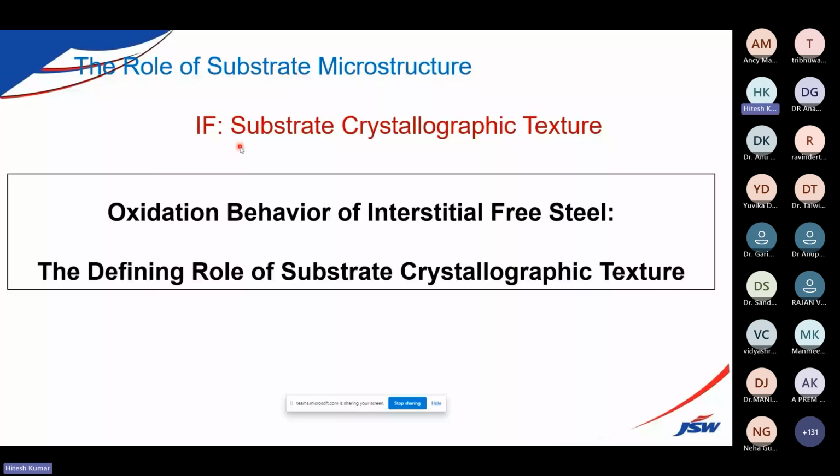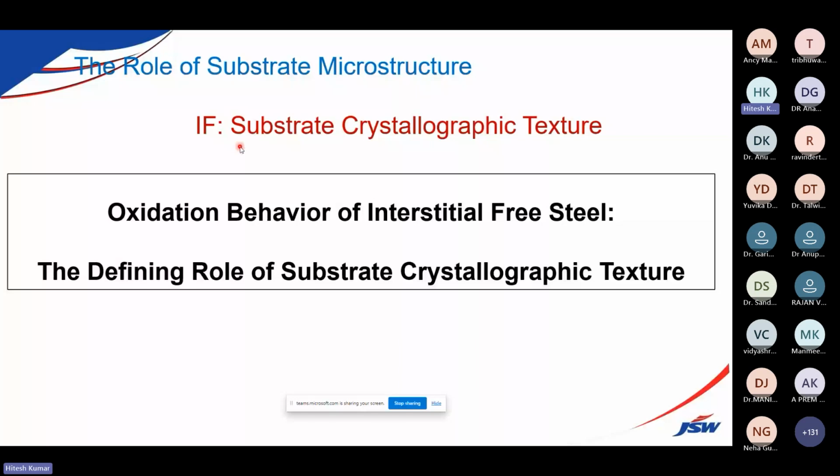So if you want to change the morphology, you can only change the texture of your material or the grain size. In this, we tried to change the texture without hampering the grain size. Definitely in the starting we get different grain sizes, and later on we compare one to one with the same grain size and different texture.